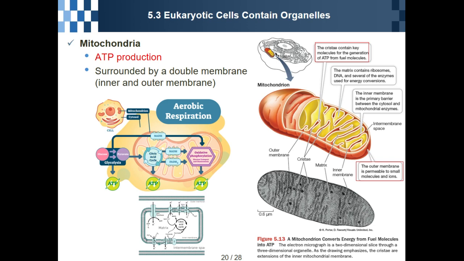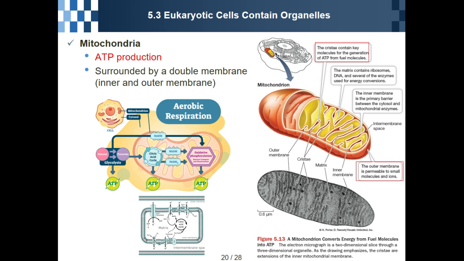They are composed of a double membrane. They are membrane enclosed organelles. So there is an inner membrane and an outer membrane. The inner membrane looks like this. We call it the cristae, like this.